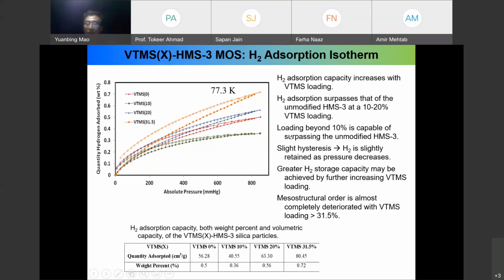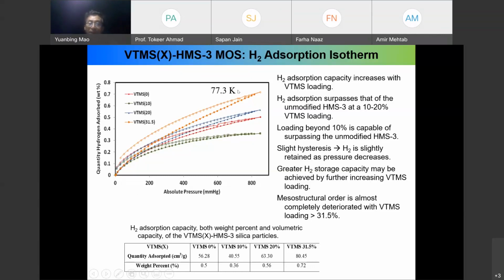That is because the structure changed. And then we also see that there's a slight hysteresis. That means some hydrogen is actually retained when the pressure is decreased. Okay, yeah, so that's what we see.